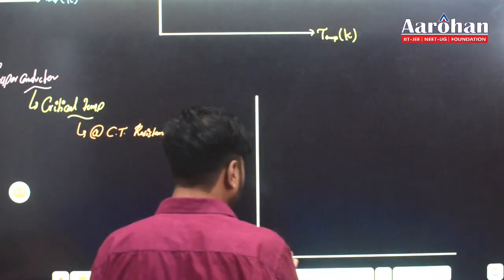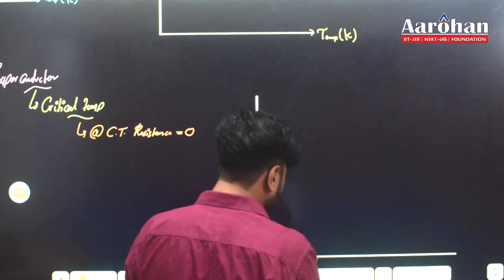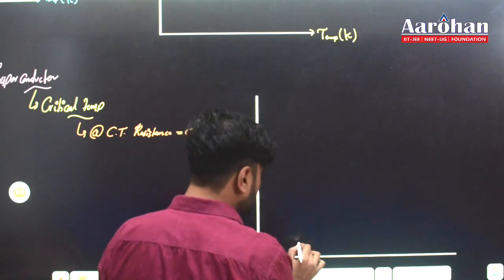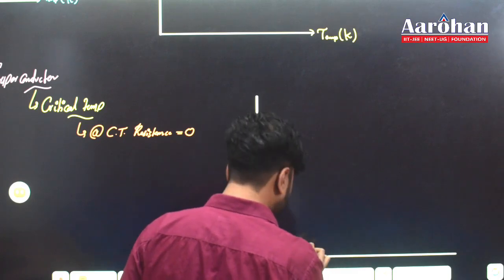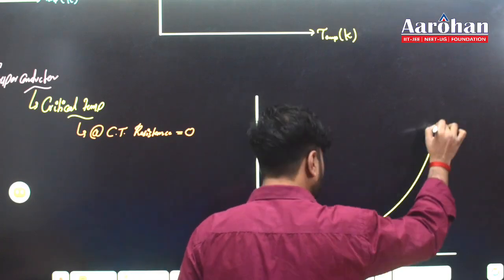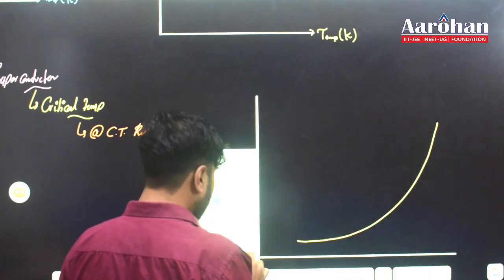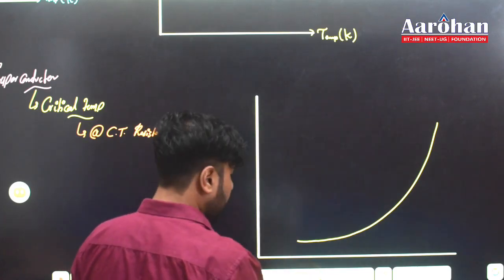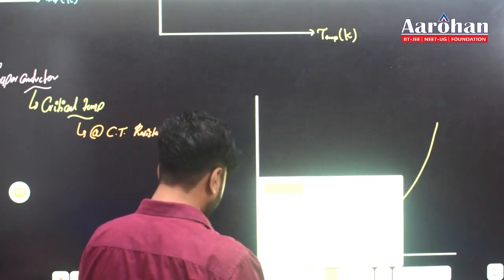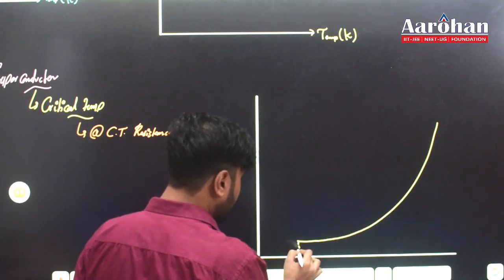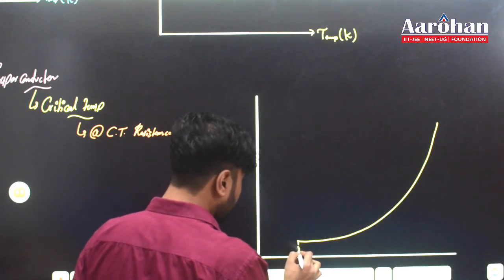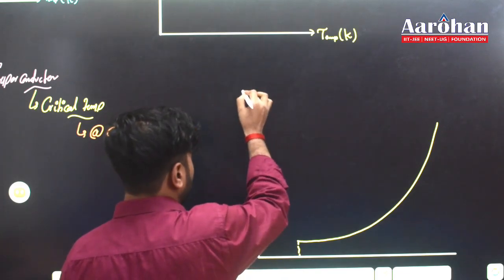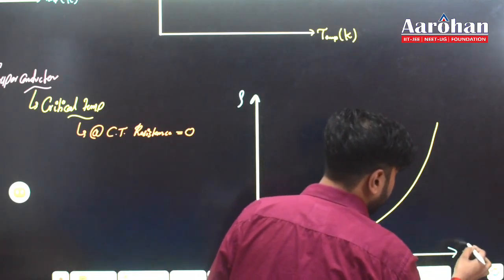The graph will look similar to the conductor, just with a little bit of anomaly you will see. Just like this, but here at some particular temperature, your resistivity will become zero. This is your resistivity, this is your temperature.